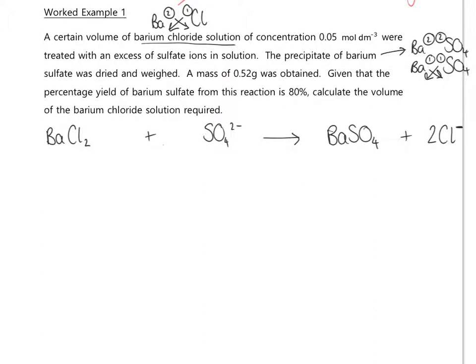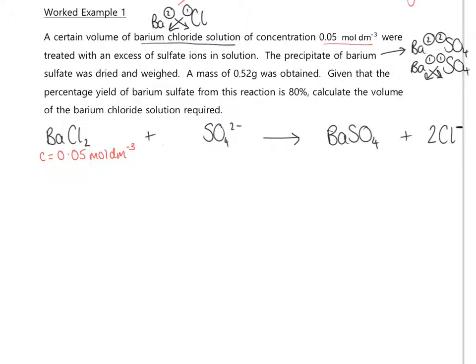Okay, so before we make sense of this question, let's write down the information I've been given. It says a certain volume of barium chloride solution of concentration 0.05 moles per decimeter cubed. So let's write that down. First of all, barium chloride is over here, so the concentration is 0.05 moles per decimeter cubed. And we'll use that later on.